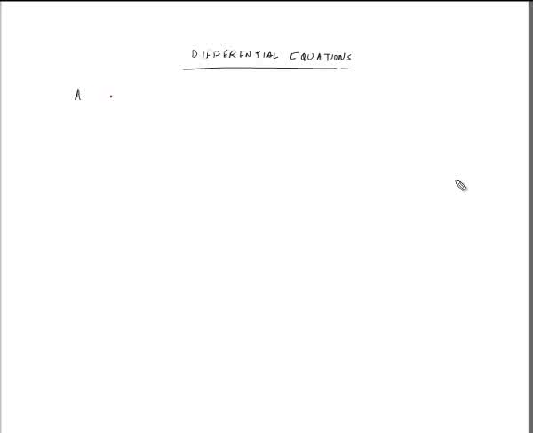So first the definition. A differential equation basically is an equation that involves one or more derivatives of the unknown function.